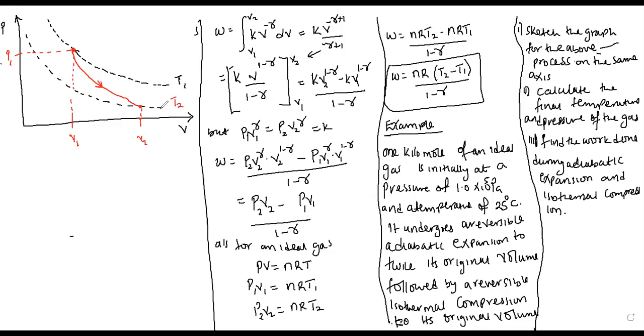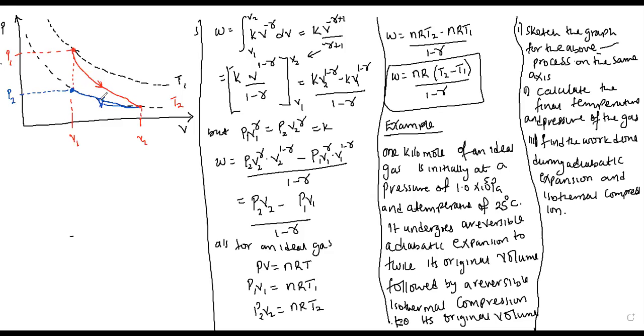Then they said it was reversed back to the same volume. So on reversing it back, let me use another pen here. It comes back like this. It comes back up to this volume. But at that volume, it's going to attain a new pressure, which is pressure P2.